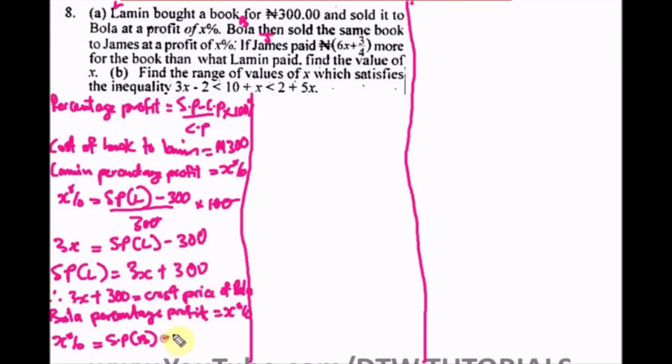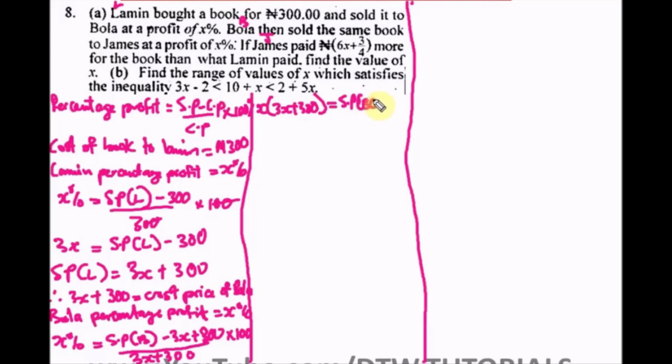So we'll say minus 3x plus 300 divided by the cost price, which is 3x plus 300, then times 100. Okay, so from here we cross multiply. Is that not it? We cross multiply 3x plus 300 to this other side. So we are left with x bracket 3x plus 300 equal to the selling price of Bola.